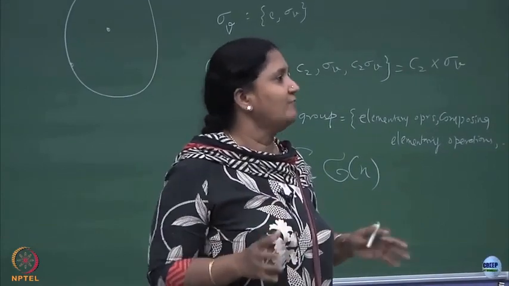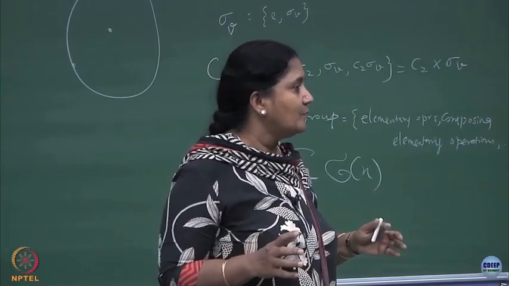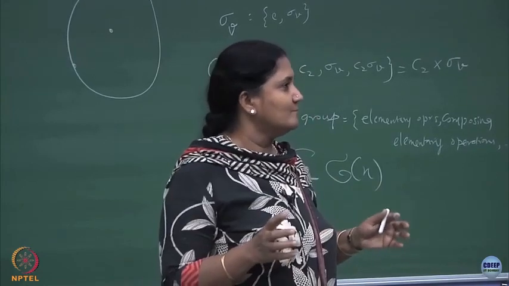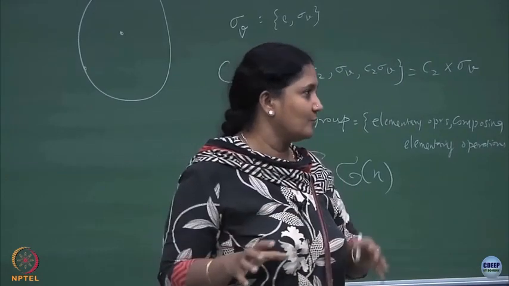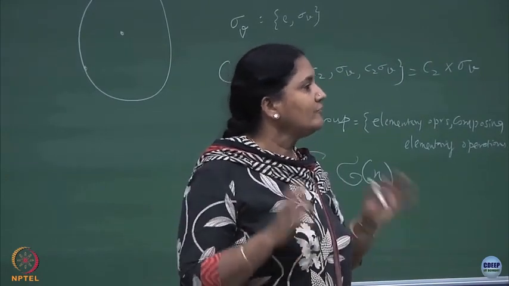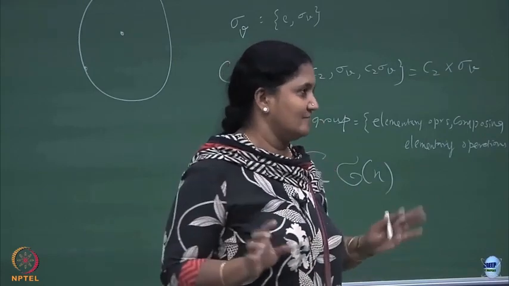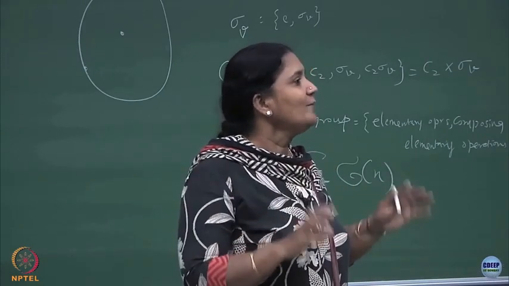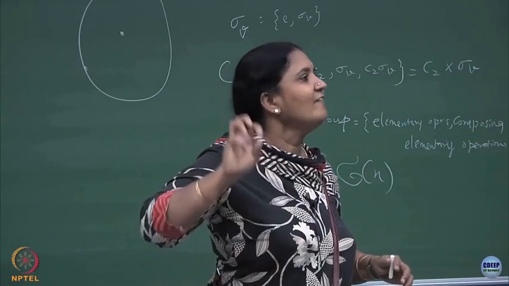But when you do a reflection, the determinant can become negative. You can never transform pure rotations to become improper transformations. So, rotoreflection can never be made to look like a Cn.